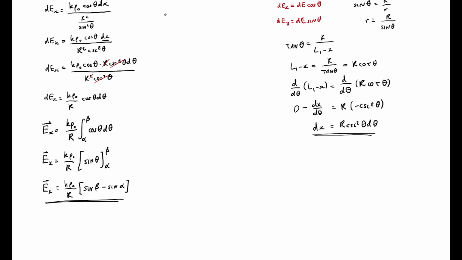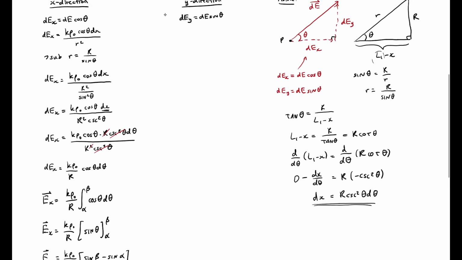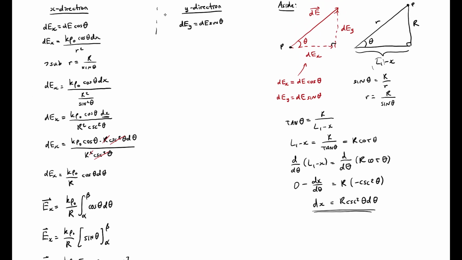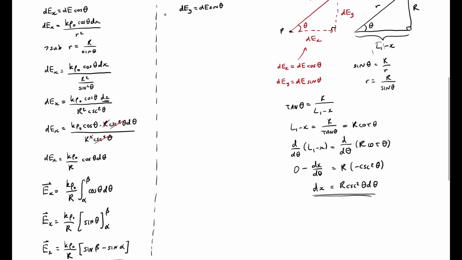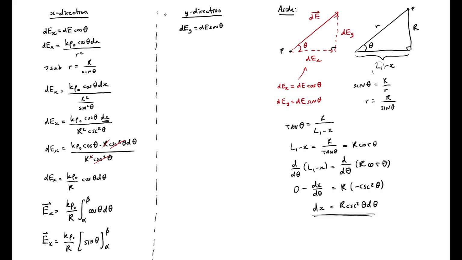Okay, so when done for the x direction, we still have to do the y direction, and it's literally the exact same thing. So now we can shorten up quite a bit of our process. We know that we're going to sub in r equals R over sine theta.